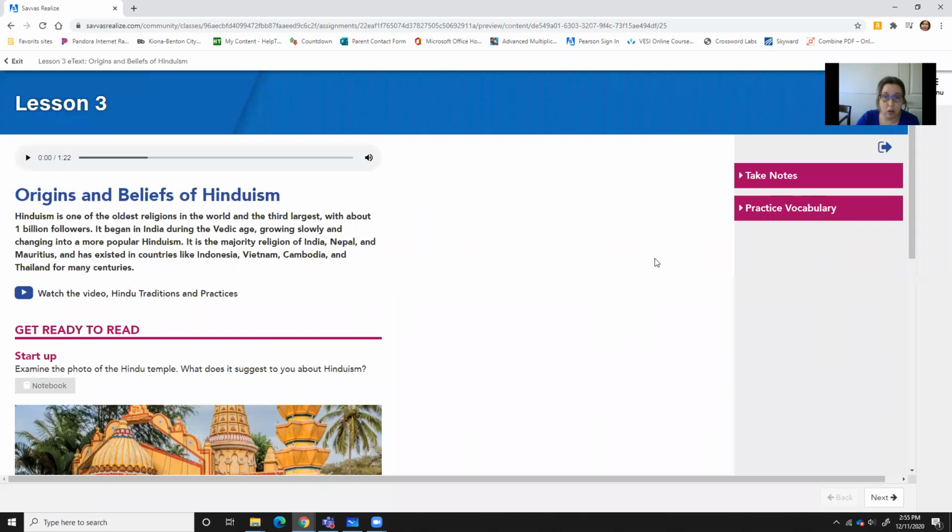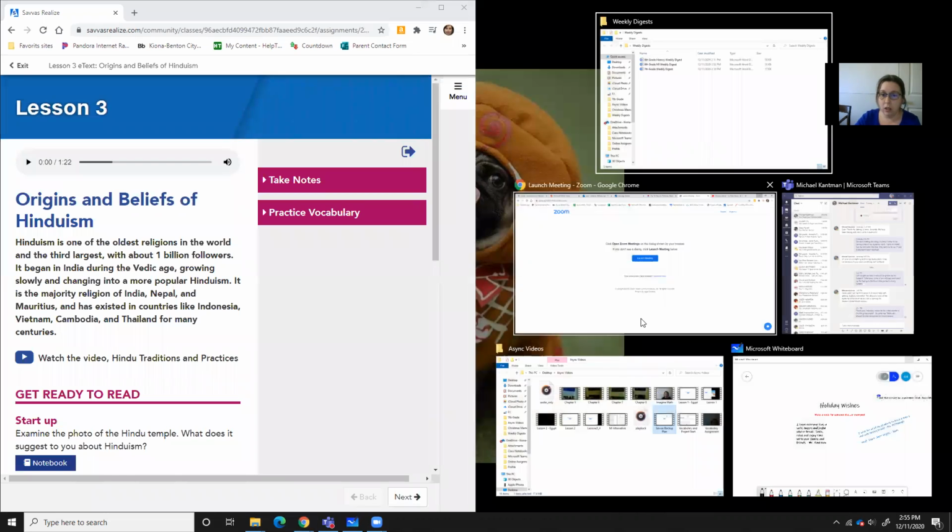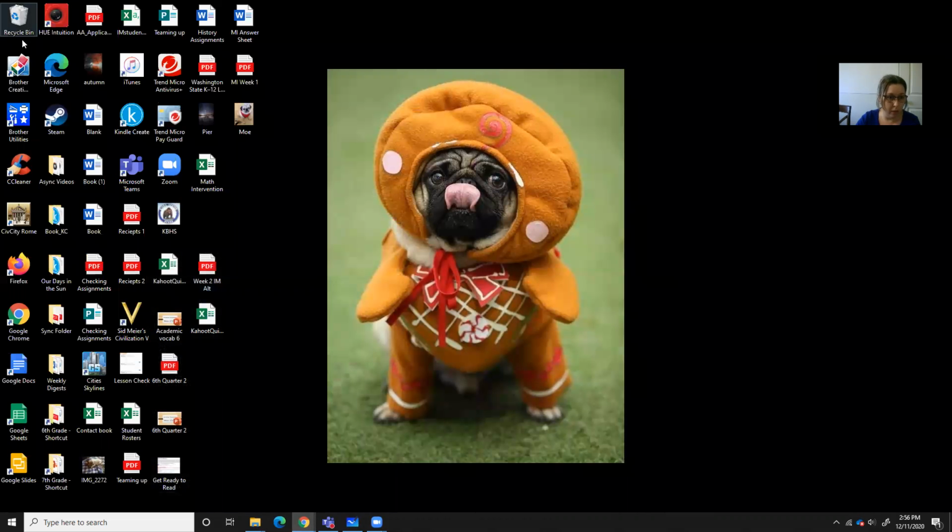Now, one thing I am going to show you is a split screen, for those of you who want to do the backup plan, which I highly, highly, highly recommend. You hit the Windows key and the left arrow, and in my case, I don't already have it open, so I have to click on my desktop. I'm going to minimize this real quick.